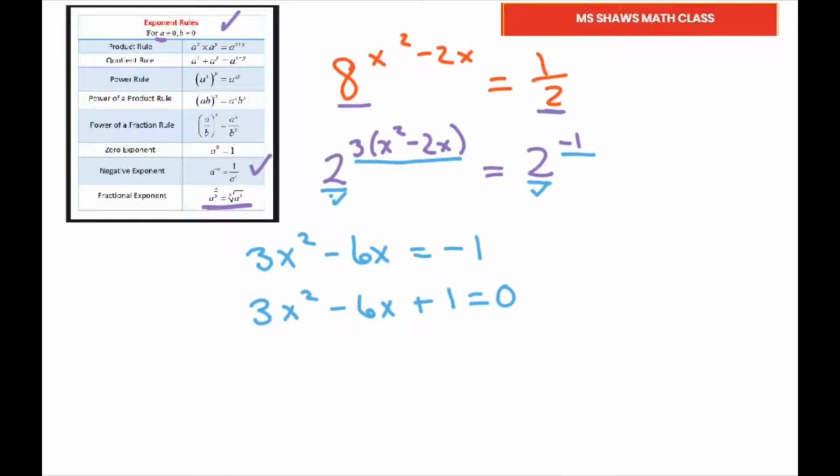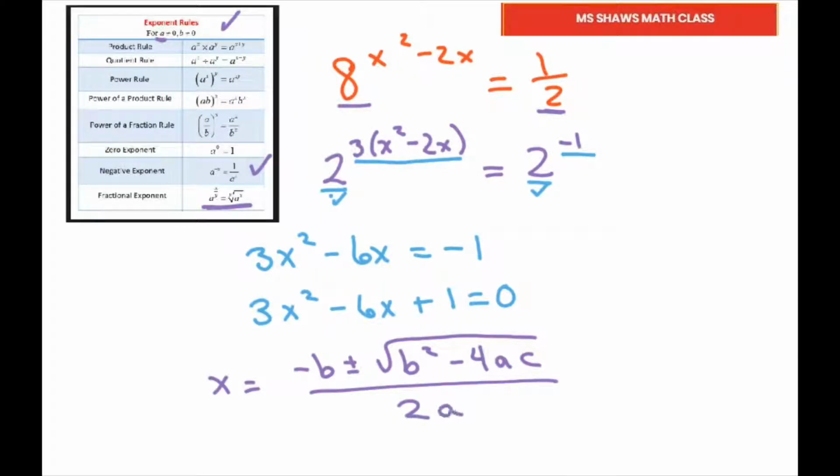So we're going to use the quadratic formula, which is x equals negative b plus or minus square root of b squared minus 4ac divided by 2a. In our case, a equals 3, b equals negative 6, and c equals 1.